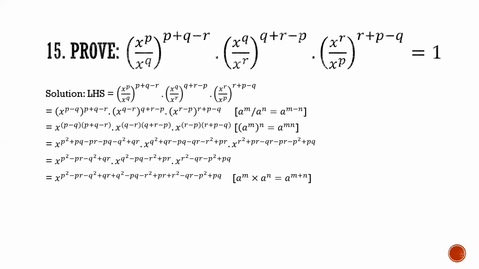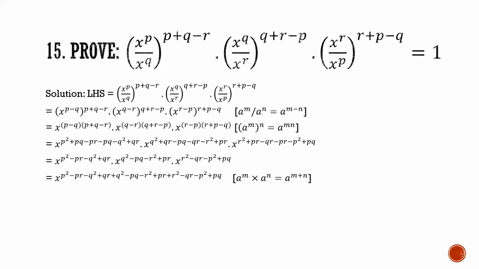Now do the calculation in the power term. Start from p square. Here p square can be cancelled with the second last term minus p square, minus pr can be cancelled with plus pr, which is in between the two r square terms. Then minus q square is cancelled with plus q square, plus qr is cancelled with the third last term minus qr, plus q square can be cancelled with minus q square.